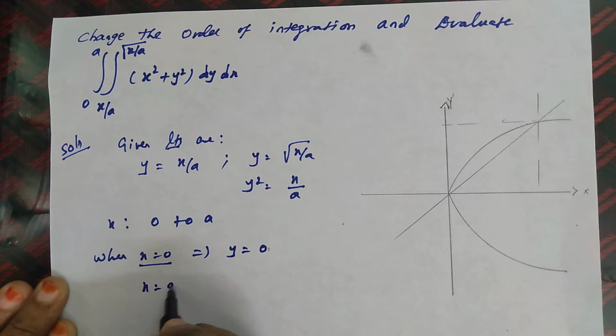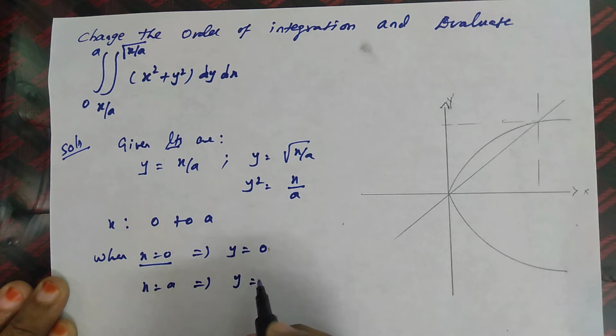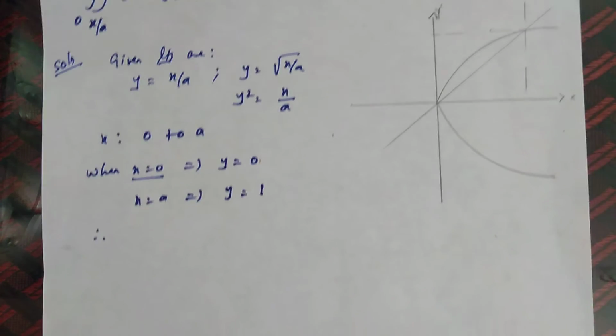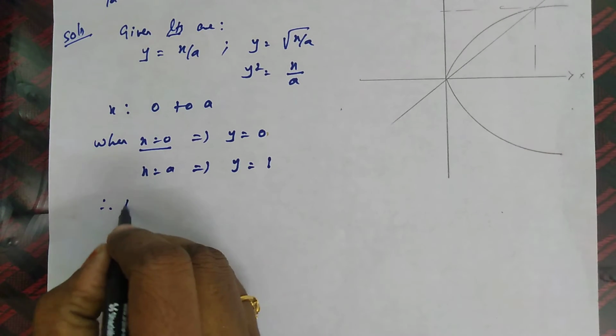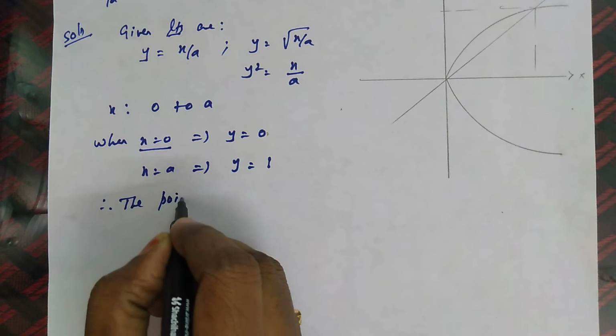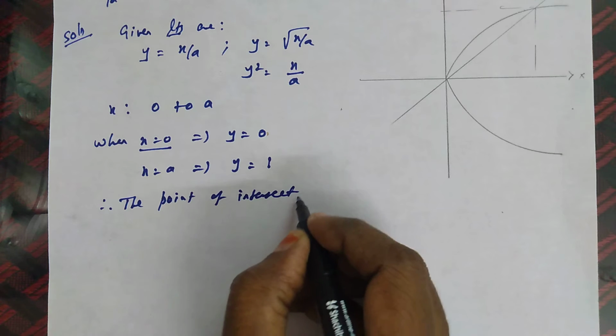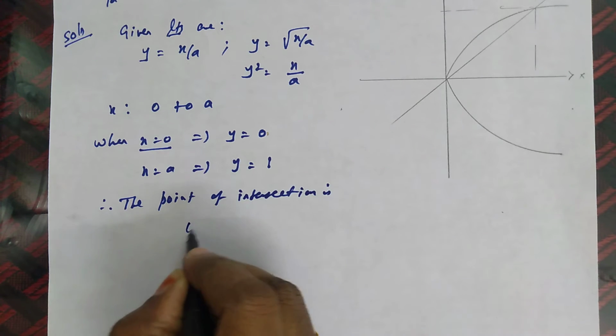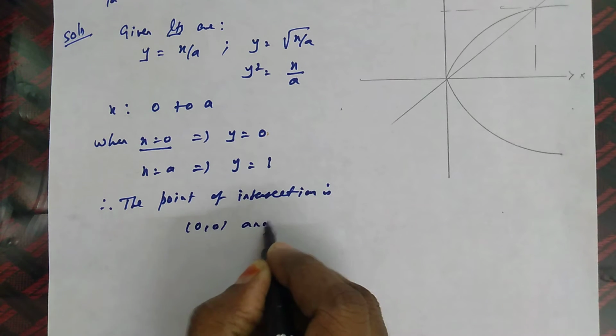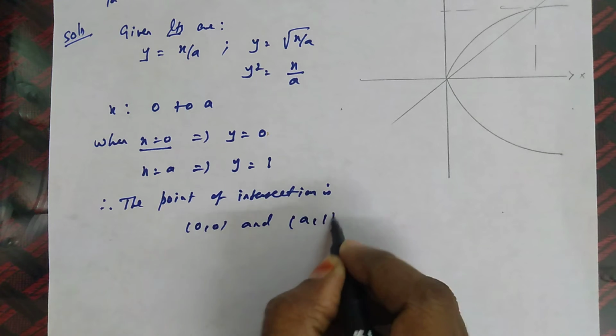And put x equal to a, which implies y is equal to 1. Therefore the points of intersection are (0, 0) and (a, 1).